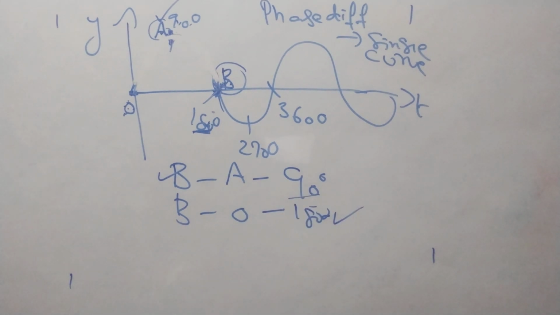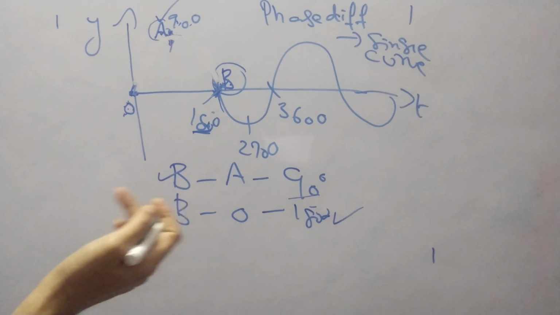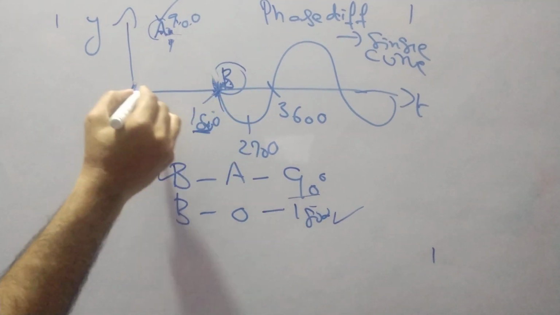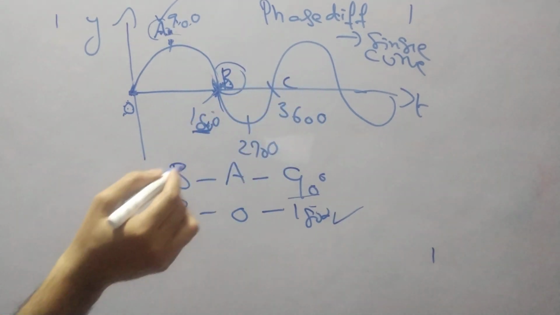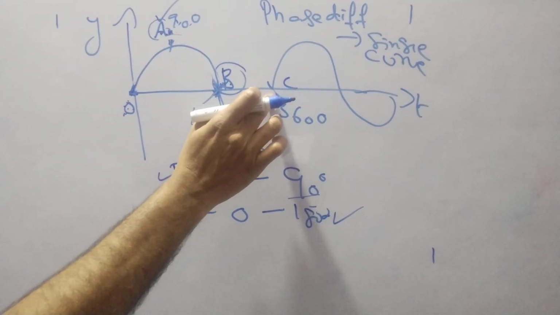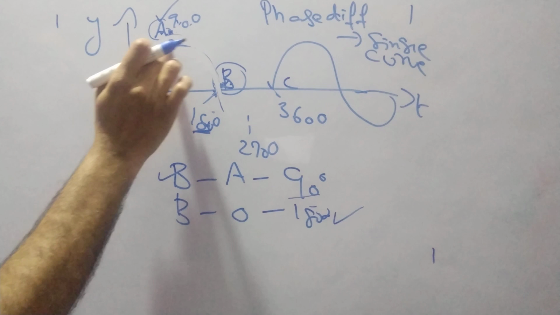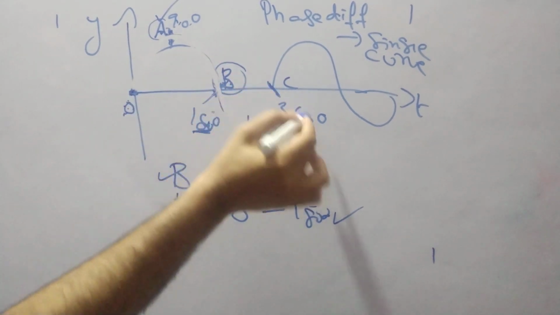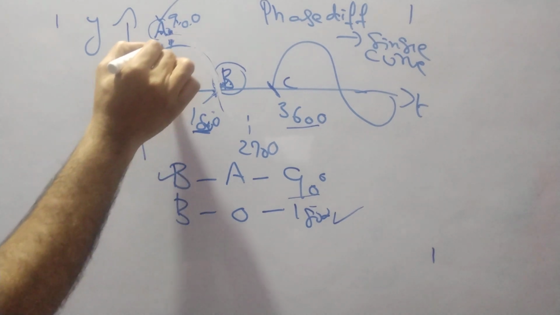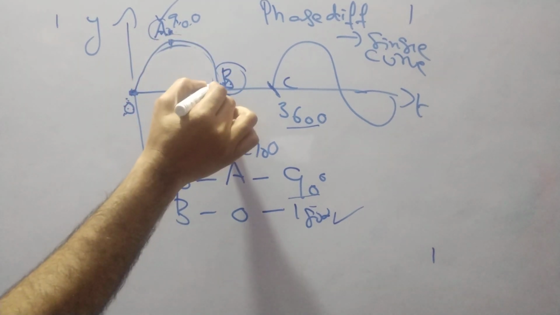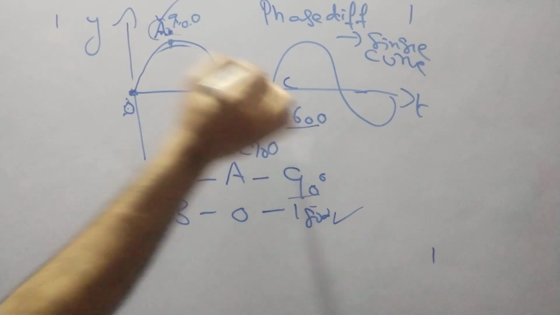That is the procedure of defining a phase difference, out of phase. Suppose you take a point C here. If this is not there, your curve is out of phase of 360 degrees with respect to O. That is the procedure to define the phase difference.